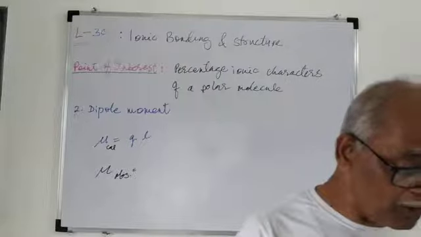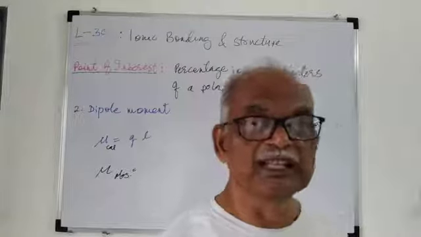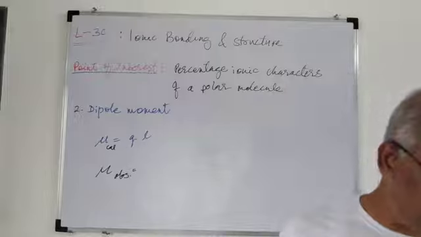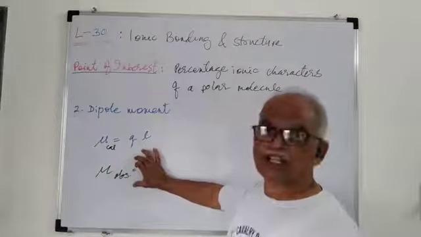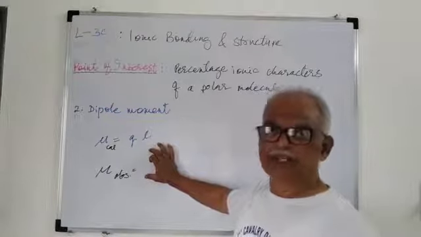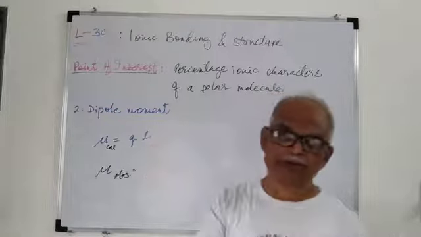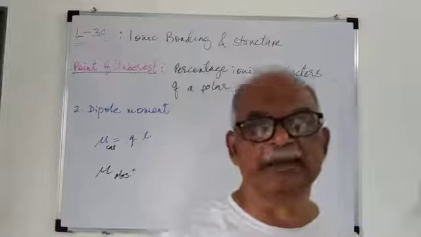Here mu observed is smaller than the calculated value, and it depends upon the ionic characters. When ionic characters are smaller, mu observed is also smaller. So mu observed and ionic characters are comparable.